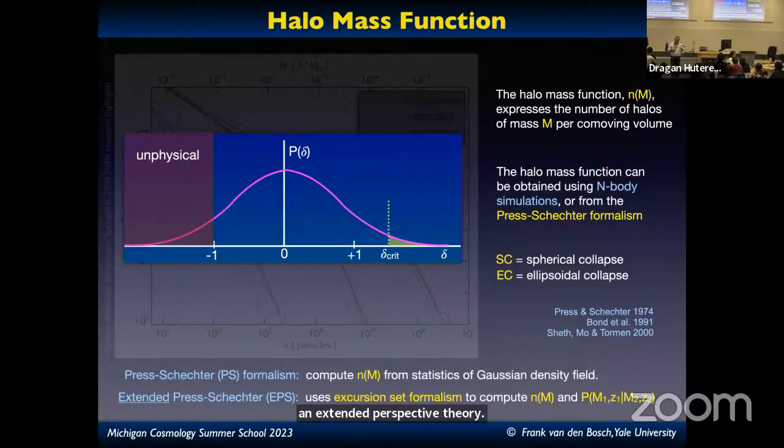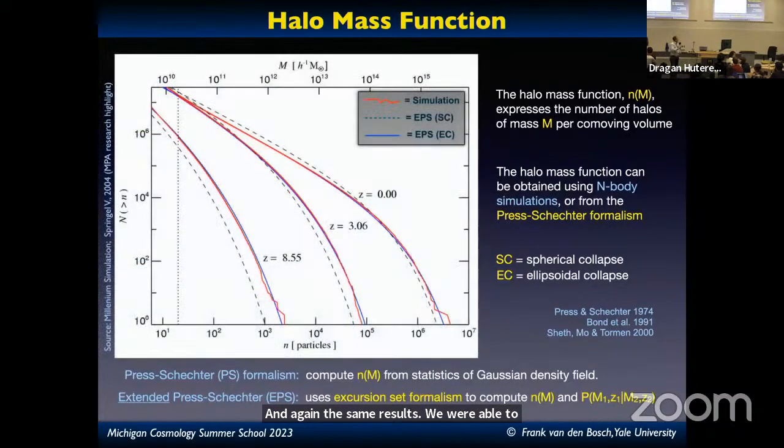No time to discuss that. Just think of it as a little bit more sophisticated than normal Press-Schechter, and it gives the same results. But they were able to compute the mass function. If you use that, you get the dashed lines here.